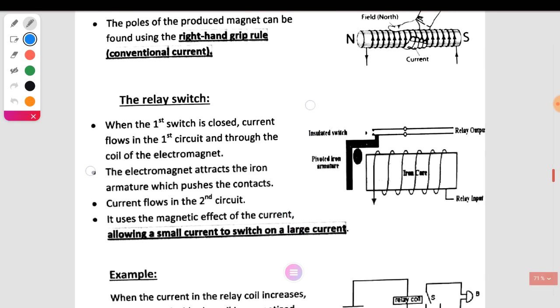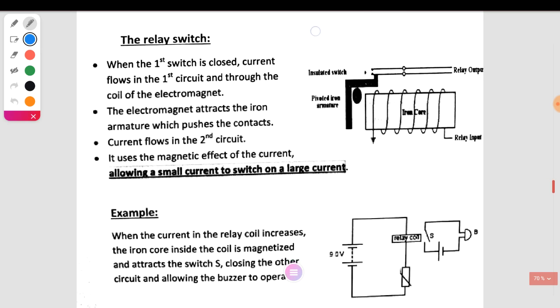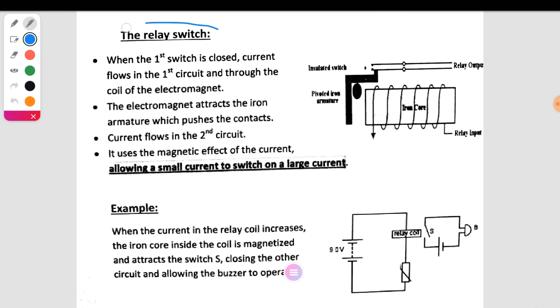Let us give some applications of this. The relay switch, for example. When the first switch is closed, what happens? Electric current flows in the circuit through the coil, and it becomes an electromagnet.